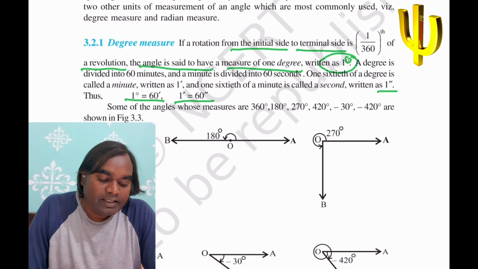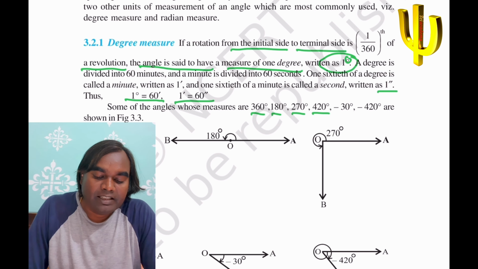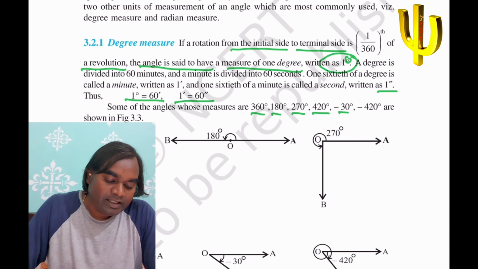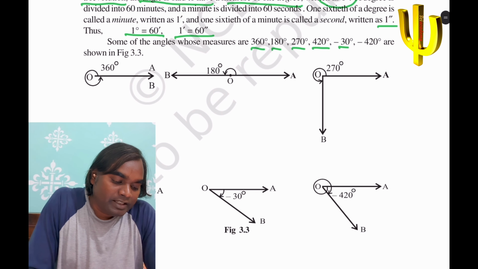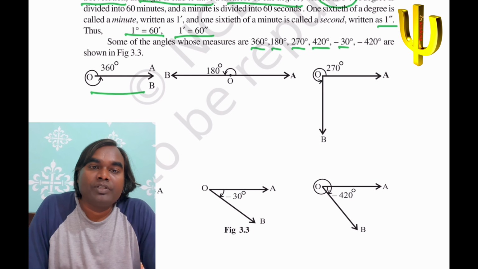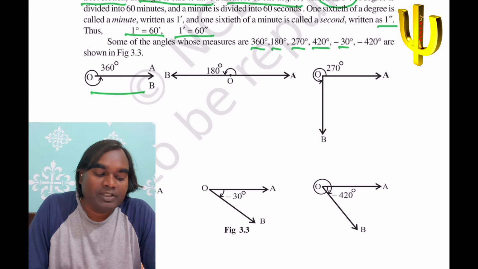Some angles whose measures are 360°, 180°, 270°, 420°, minus 30° and minus 420° you can see in this diagram. After one complete revolution of the initial side, it comes to its original position and makes an angle of 360 degrees.